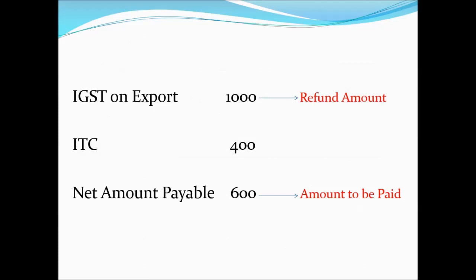So the refund amount will be 1000, which is the IGST on export, and the net amount you have to pay before filing the return is 600. So 600 is the net amount which you have to pay from your pocket, and 1000 will be the amount which you will get refunded from the GST department.